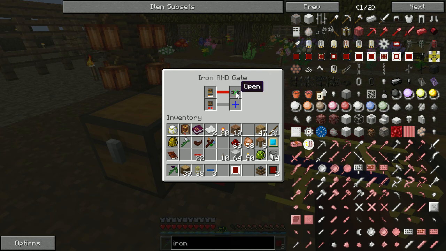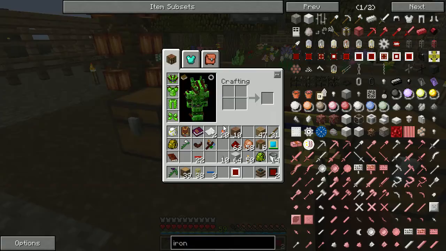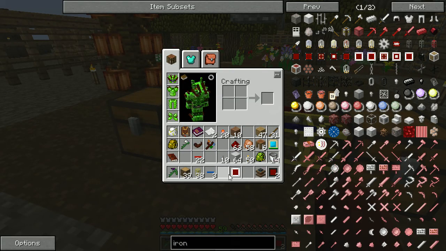Let's just see. If we say output a signal and maybe output a signal, let's try, can we put a redstone lamp? We're kind of experimenting now.